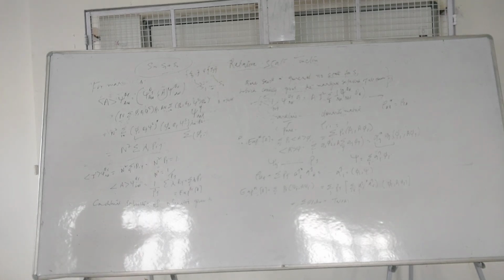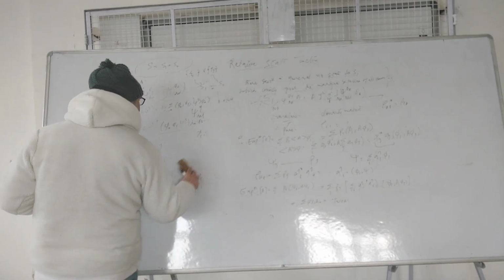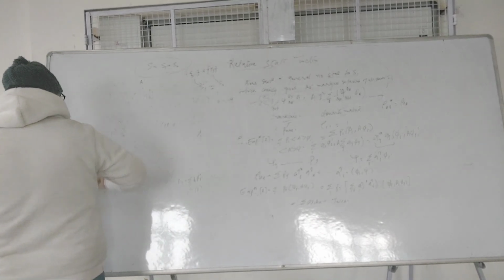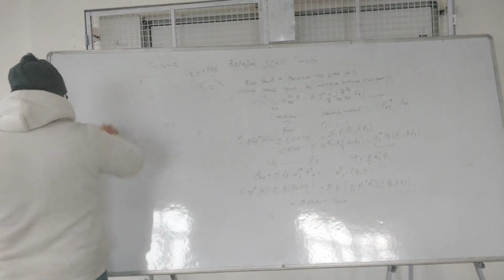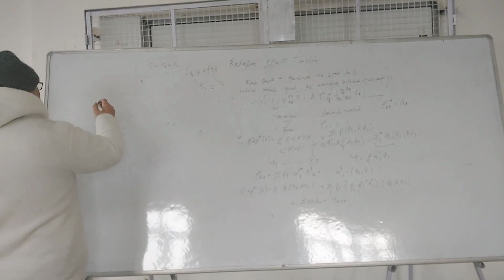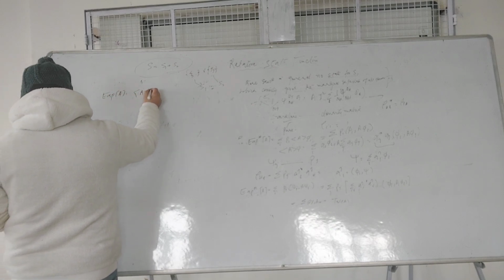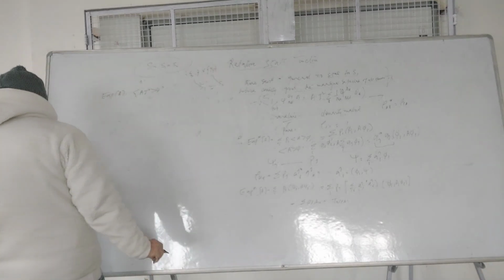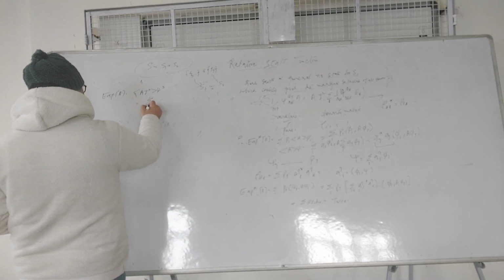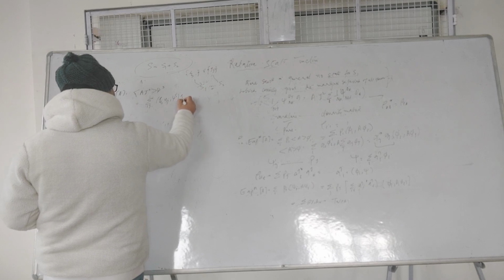We can write the expectation of A as the sum over zeta_i eta_j of the psi of S.